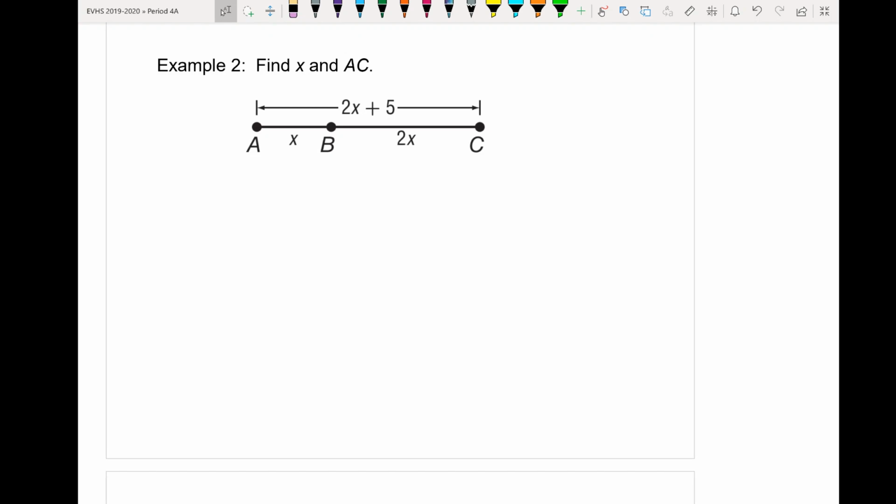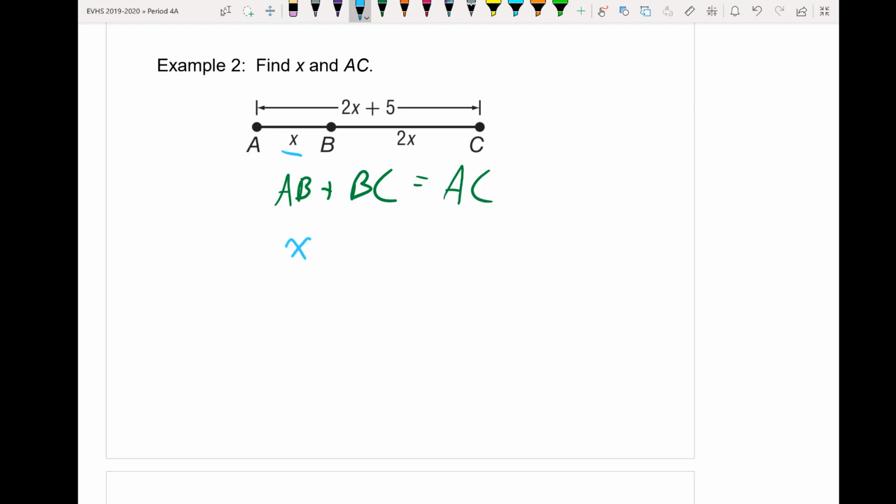Example 2, find X and AC. Now, let's go ahead and write our equation here. AB plus BC is equal to AC. Left plus right equals whole. And now let's substitute in.